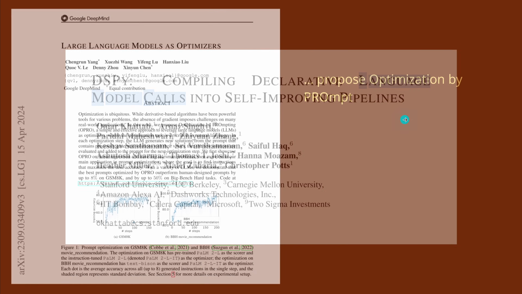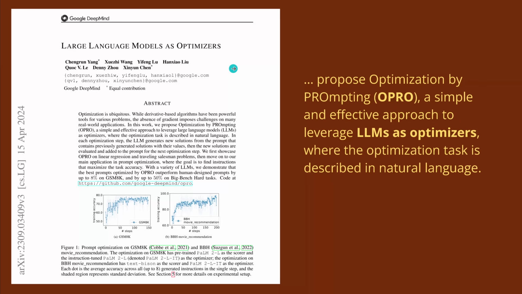It's so easy. At about the same time, this is already version 3 from April 2024, we have Google DeepMind. And Google DeepMind did a beautiful study on LLMs as optimizer itself. And they called this here optimization by prompting.